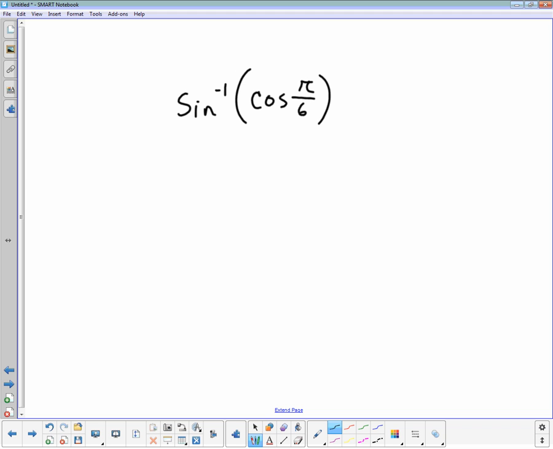Let's think about it. This is not outrageous. So what's the cosine of pi over 6? Square root of 3 over 2. What is the arc sine of square root of 3 over 2, in radians?